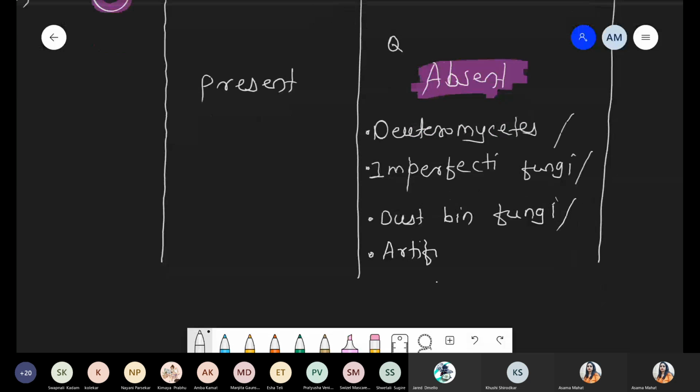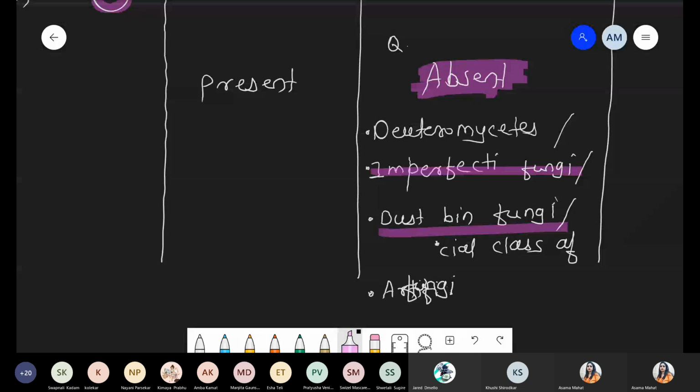So I'm highlighting such a point. Whenever we are talking about Deuteromycetes, we are talking about different names. Number one, imperfect fungi. Number two, dustbin fungi. Number three, artificial class of fungi.